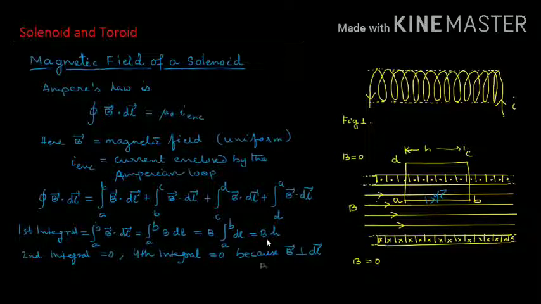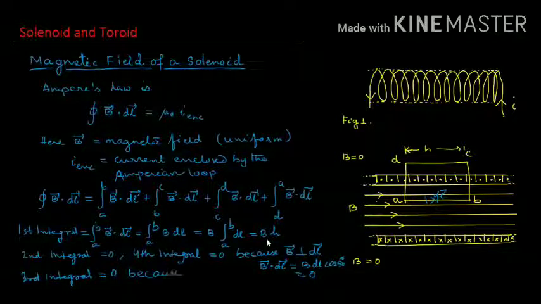So B dot dl, that is B dl cos 90 degrees, is equal to 0. The third integral is also 0 because B is 0 outside the solenoid. B is equal to 0 at all external points.